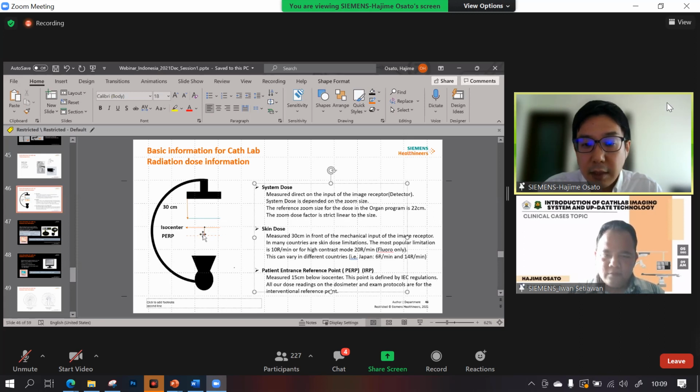This is the definition in the IEC regulations. So that's why the system calculates the value which is displayed on the dosimeter. All the time we calculate at this point, so it only considers the distance from the source to this point.